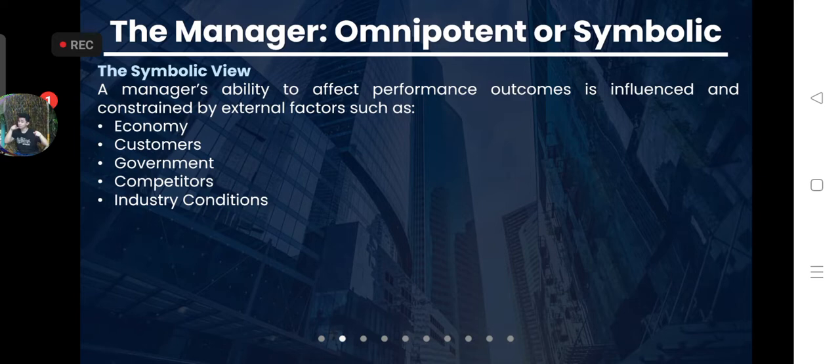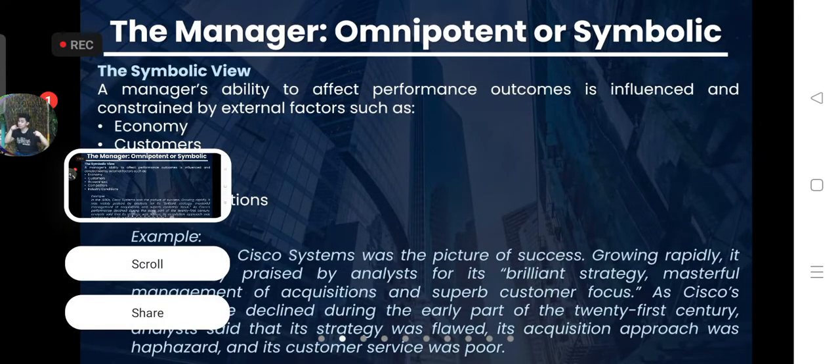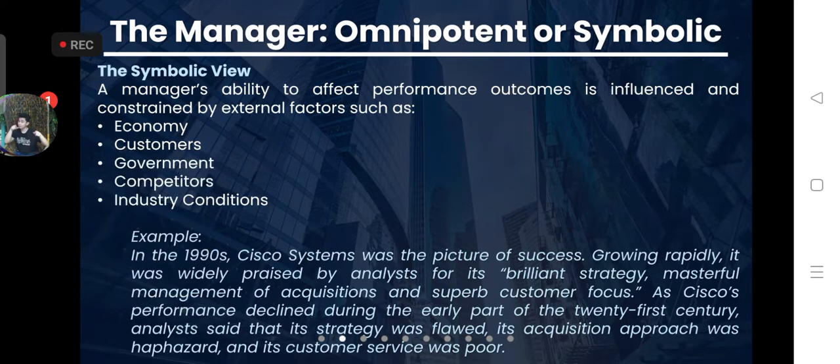Next. For example, in the 1990s, Cisco Systems was the picture of success. Growing rapidly, it was widely praised by analysts for its brilliant strategy, masterful management and acquisitions, and superb customer focus. As Cisco's performance declined during the early part of the 21st century, analysts said that its strategy was flawed, its acquisition approach was haphazard, and its customer service was poor.